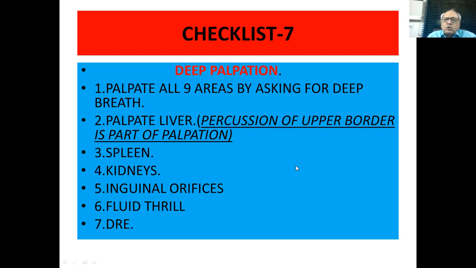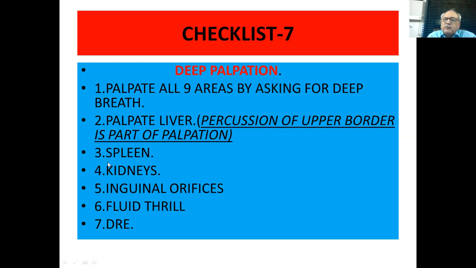Remember, you should see the face of your patient so that if the patient feels pain of any kind, you should be more gentle. You may postpone that part of the exam of the abdomen. Remember another thing: percussion of the upper border of the liver is part of palpation.